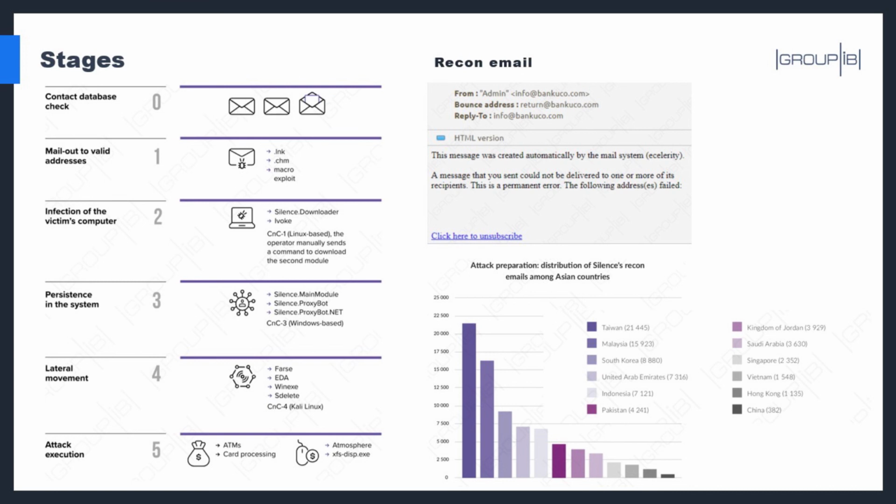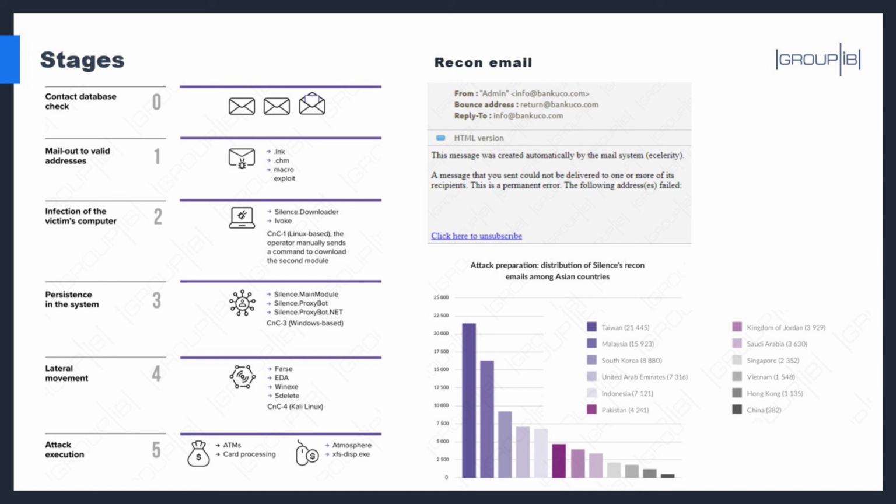During the lateral movement stage, Silence uses utilities from the Sysinternals package like sdelete and procdump, and their self-developed utility FARS, which is based on Mimikatz source code, and they use it to extract credentials from LSASS memory dumps.